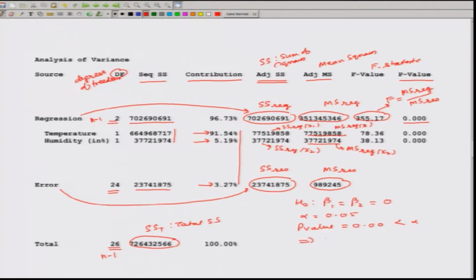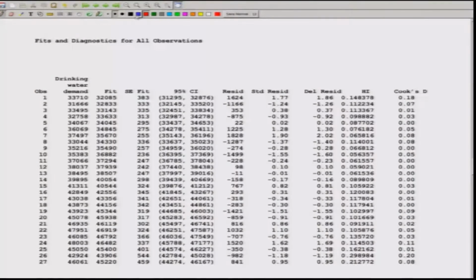So this implies that H0 is rejected. So this means beta 1 and beta 2 are not equal to 0, and correspondingly the variables x1 and x2 cannot be 0 simultaneously. So that is again confirming our outcome that we have got from the t values.